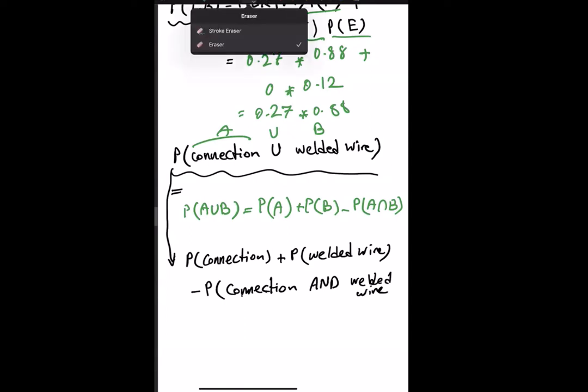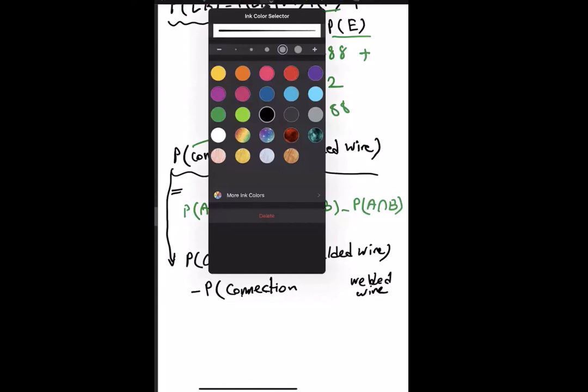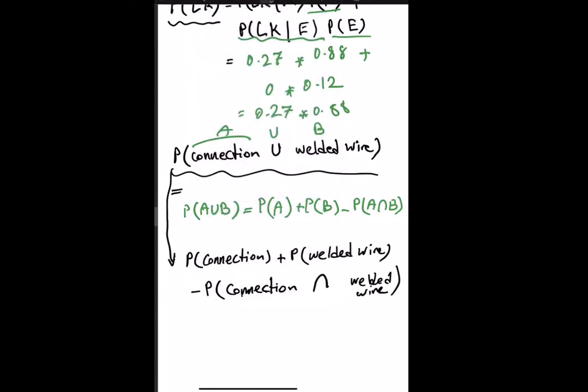So I said and, but instead of and, I'm just going to put the formula symbol, which is intersection. Okay.